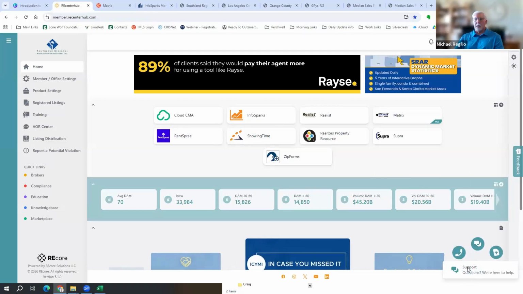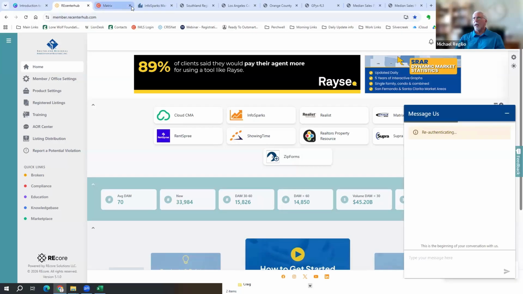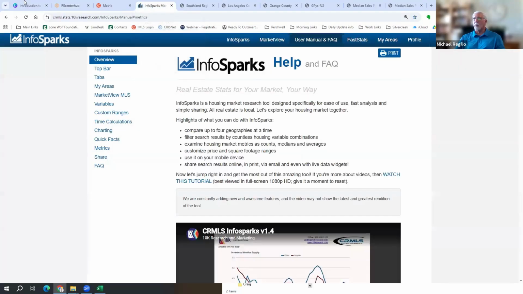Remember that this is a product that is offered as a member benefit from CRMLS. So you always have the ability to call or chat with support and ask them a question regarding InfoSparks.